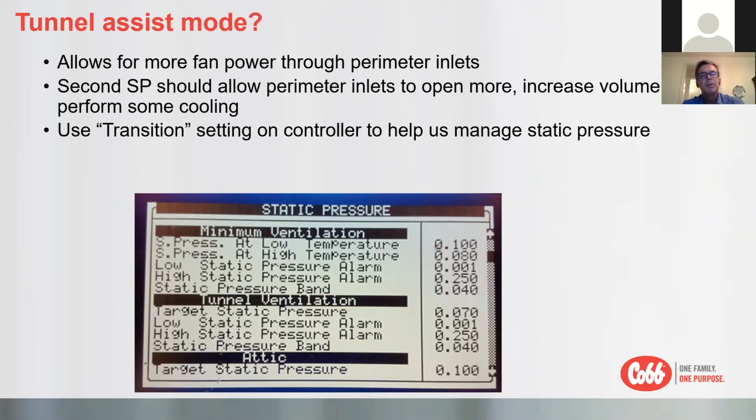Some companies will refer to it slightly differently, but essentially we're keeping our inlets at the full open 100% position, but we're bringing on more capacity with our tunnel fan and opening the tunnel inlet, whether you have a curtain or a door, to compensate for static pressure. That way we can have heat removal from the house without creating excessive air movement at floor level. It's an excellent tool to use when the conditions outside are close to your target temps in the house.